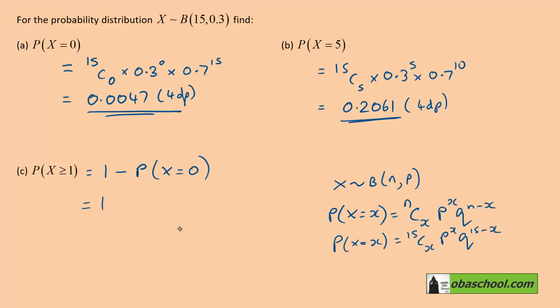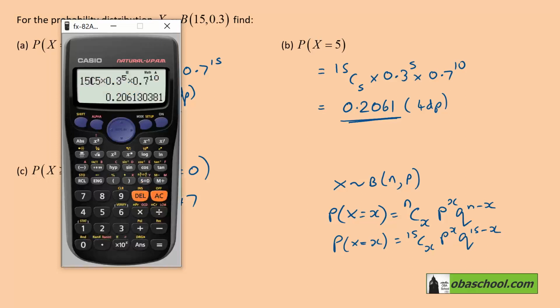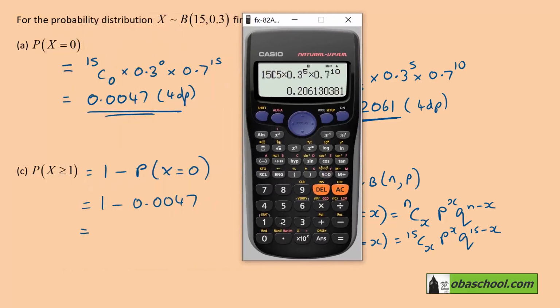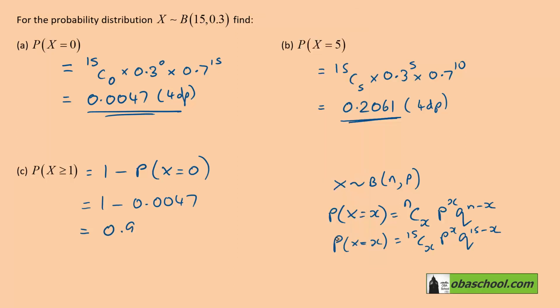So that is going to be 1 take away 0.0047, and that's 0.9953. And don't forget, we can do that last one because we know that the sum of all of the probabilities is 1. So we just did 1 take away the one case that we didn't want.